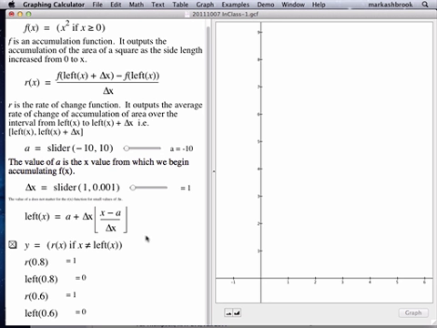If I were to graph this rate function, starting at 0, what would we see? Okay, so tell the person next to you. So I've got delta x set at 1, and here's how I've defined the rate function. And so if I were to turn this graph on, y equals r of x, what would we see? So talk to the person next to you. What would you see?